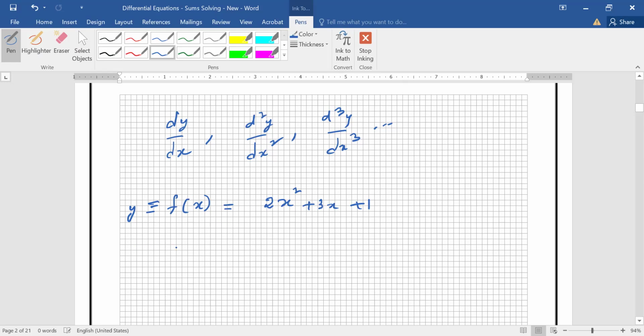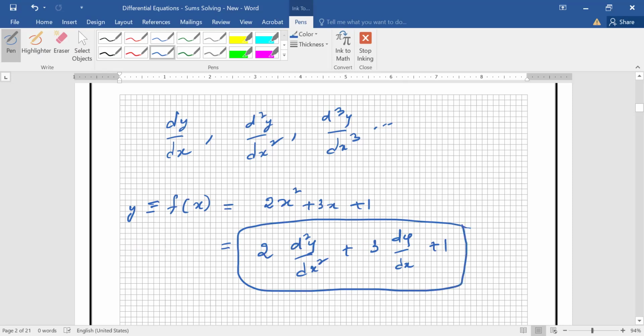Similarly, how do I write my ordinary differential equation? I can write d square y by dx square plus 3 dy by dx plus 1. This is nothing but a polynomial formed by dy by dx and d square y by dx square.